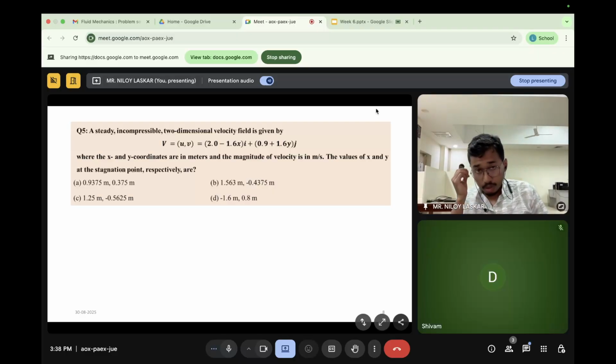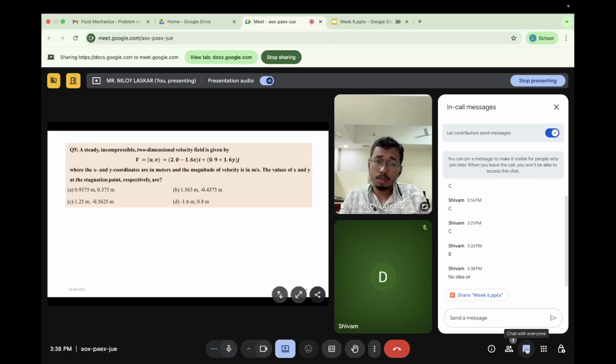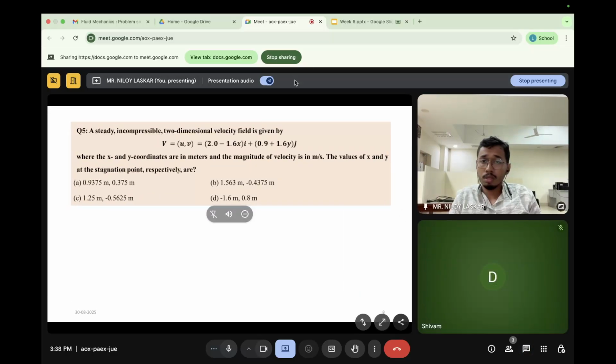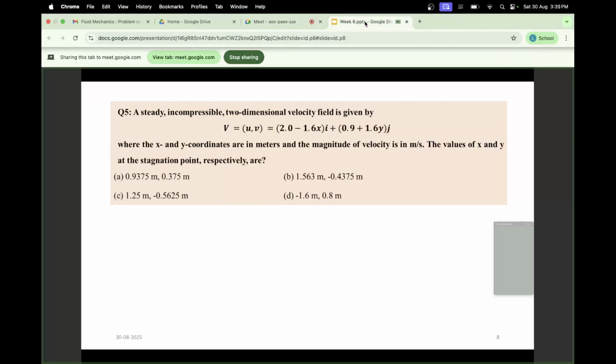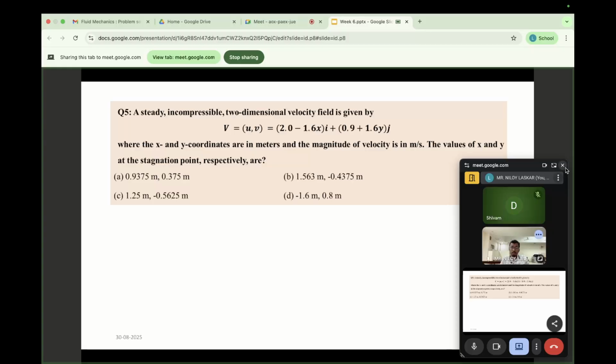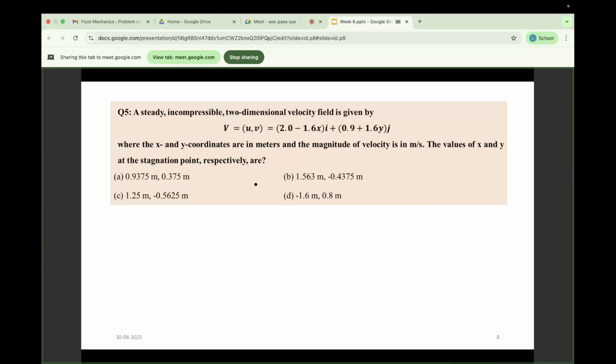So just check this thing. Shivam says that we do not have any idea about this one. So let us check this one.